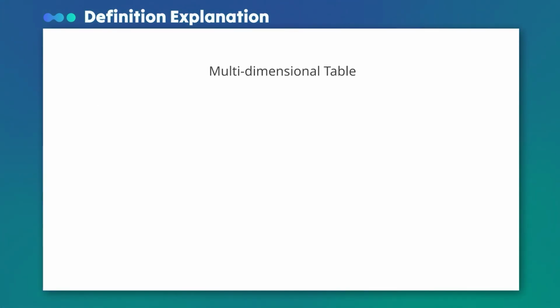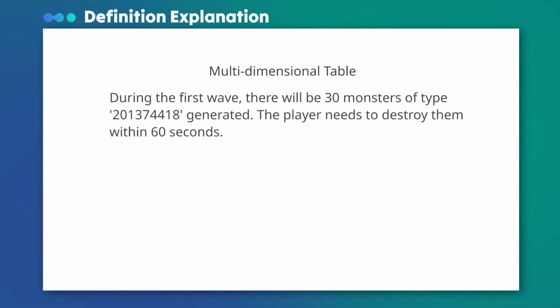For example, if you are creating a tower defense game, you may need to define a wave. A wave can be defined in natural language as follows. During the first wave, there will be 30 monsters of type 2013744418 generated. The player needs to destroy them within 60 seconds.